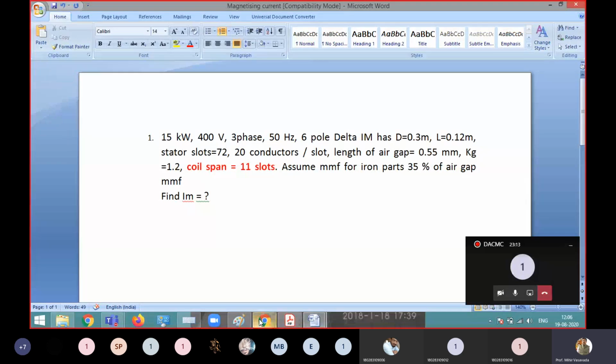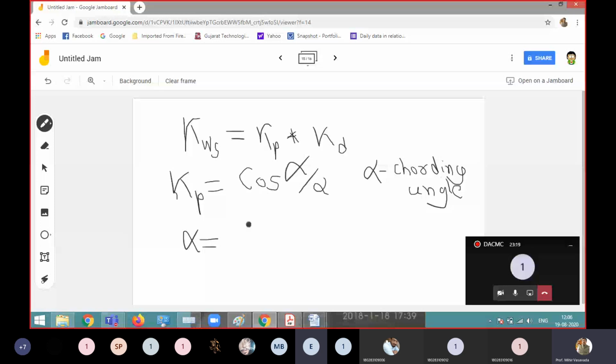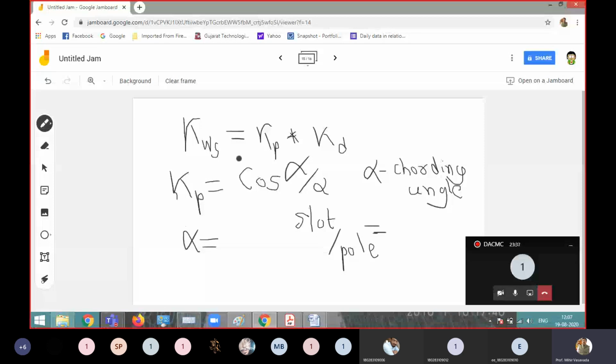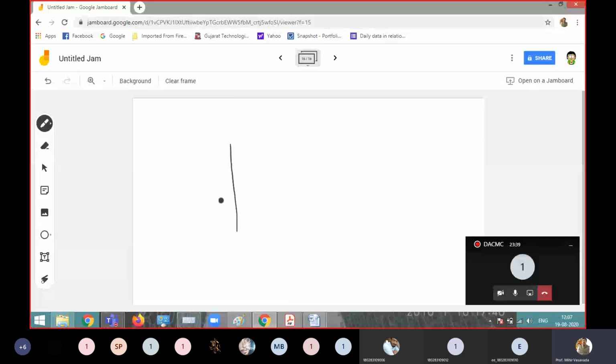Nobody? Okay. Find the slots per pole distance. So first you need to find out for a full pitch what the slots per pole will be. If your winding is full pitch, then you wind the first coil side in one slot and the second coil side exactly one pole pitch away.